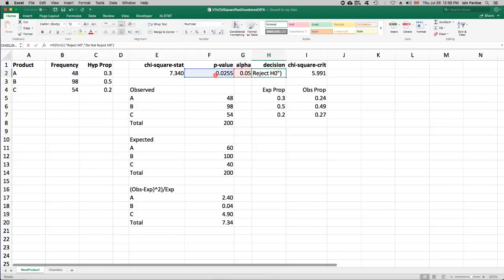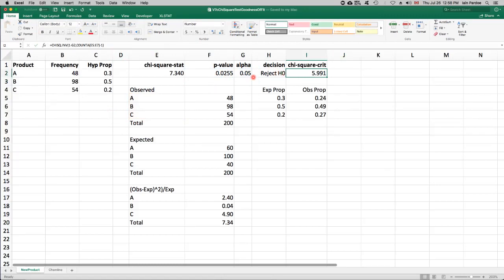And because 0.0255, our p-value, is less than an alpha of 0.05, we reject the null hypothesis. So we can conclude that indeed there is a shift in the market share based on this consumer panel. We could use a critical value to do the test instead. So that would be, again, using the chi-squared distribution with 2 degrees of freedom.